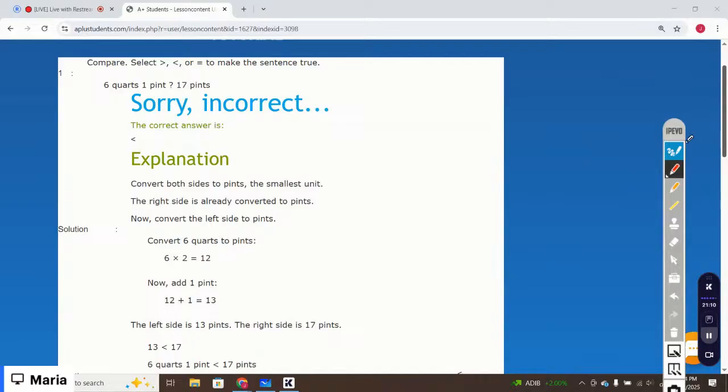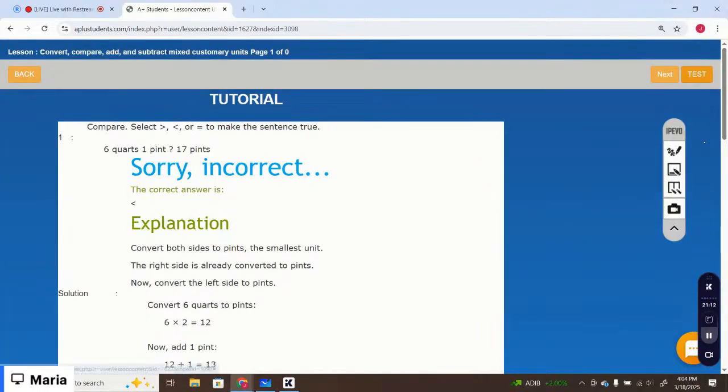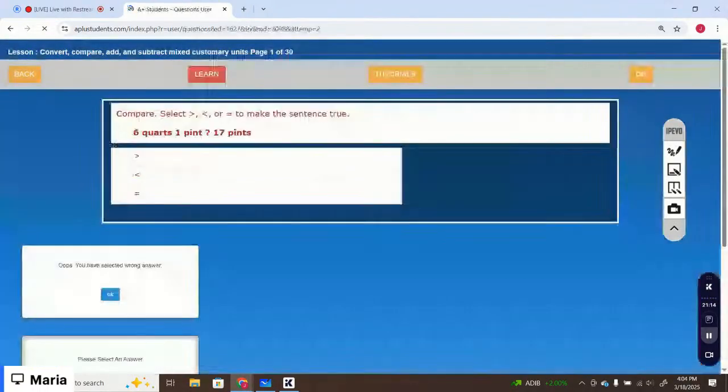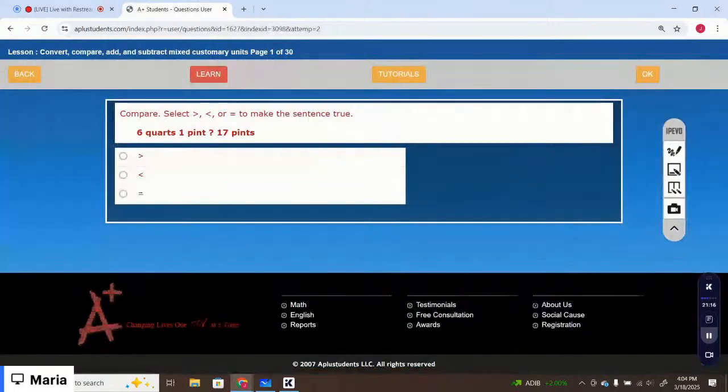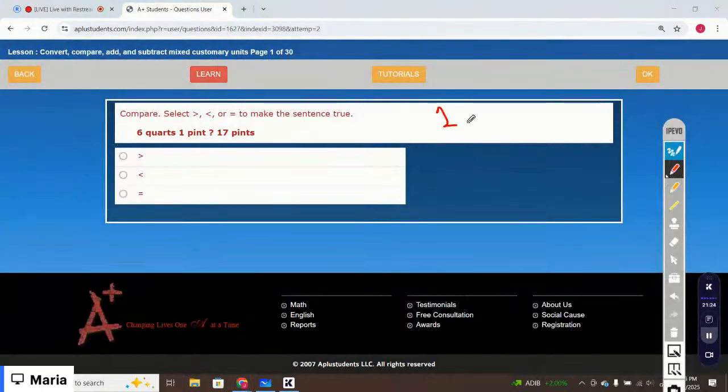Let's just start with the test questions. Okay, 6 quarts 1 pint, you have to compare it to 17 pints, right? So you have to use the basic units to convert. We know that 1 quart equals 2 pints. So you have to do 6 times 2, that is 12 pints.